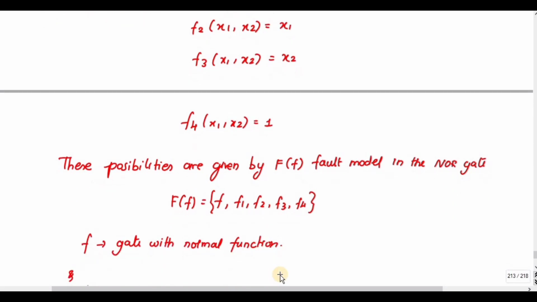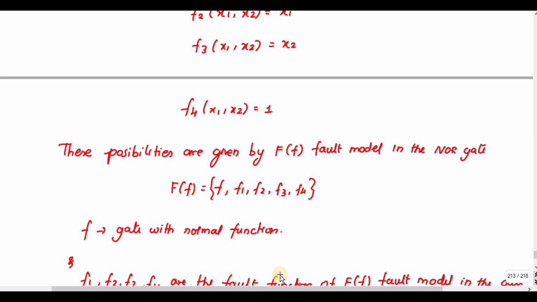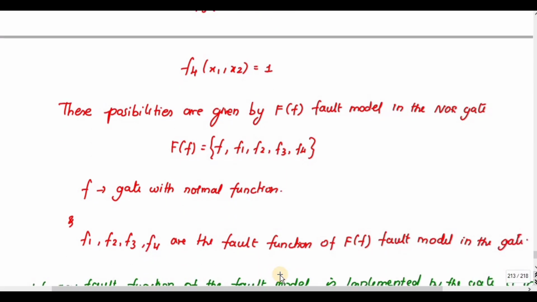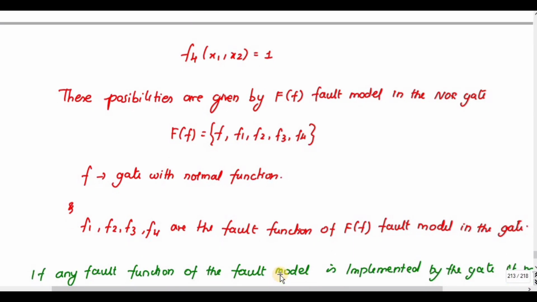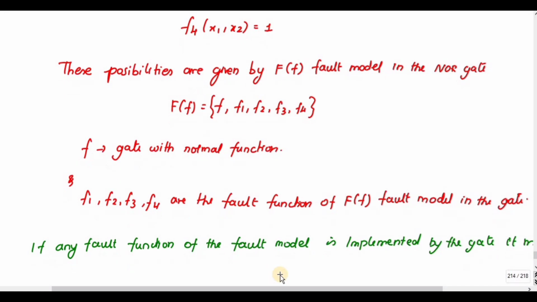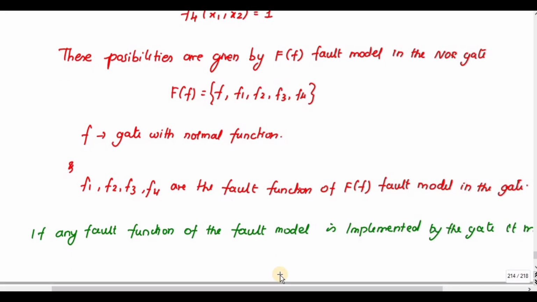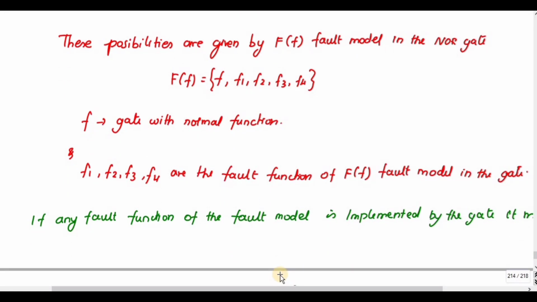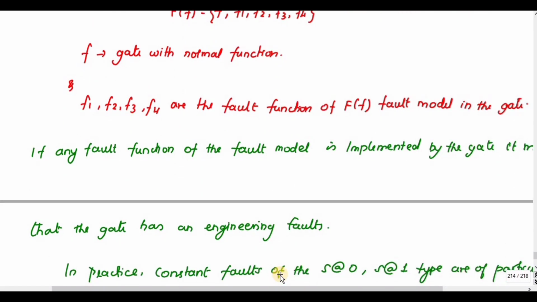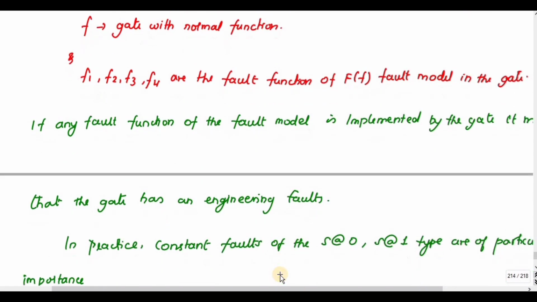These possibilities are given by F_f, that is the fault model of the NOR gate. Here f is the gate with its normal function, and f1, f2, f3 are the fault functions in the fault model of the gate. If any one of the fault functions of this fault model is implemented by the gate, it means that the gate has a fault.